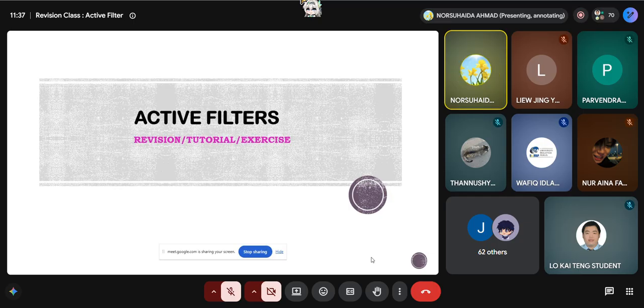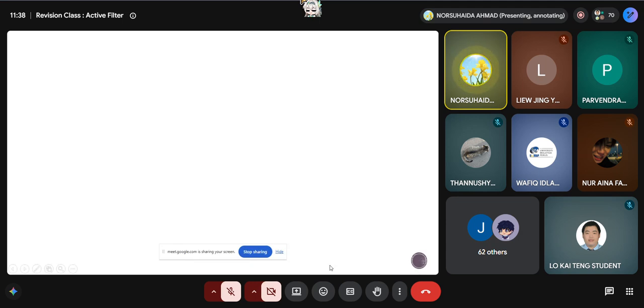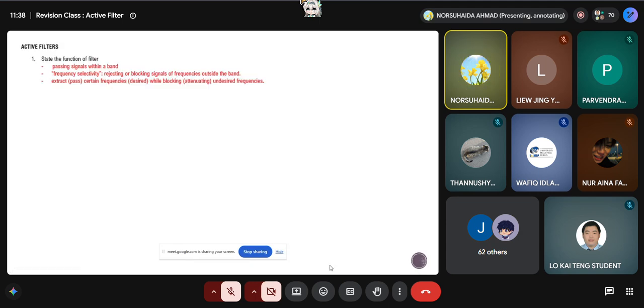This is based on the exercise summary of active filter, the list of the questions that have been uploaded earlier, so that we can move to the first question. Before that, please be reminded that every one of you should have the list of the questions so we can have a look and solve everything together.